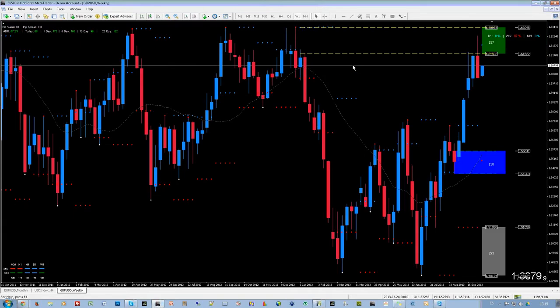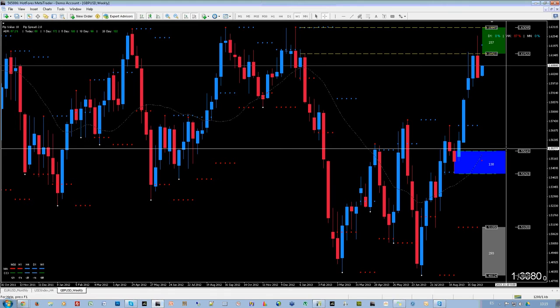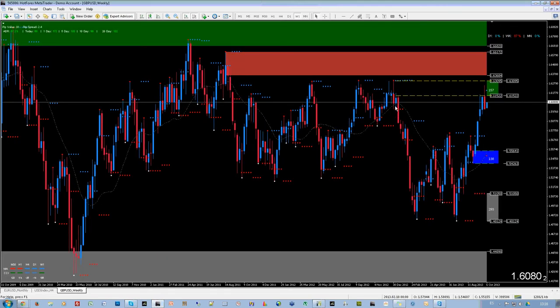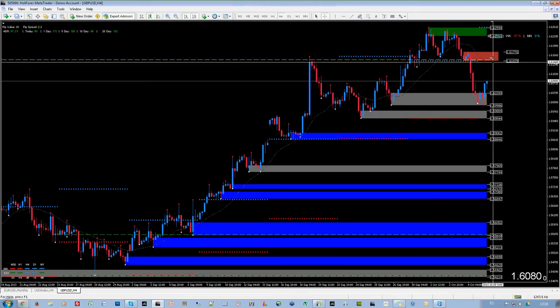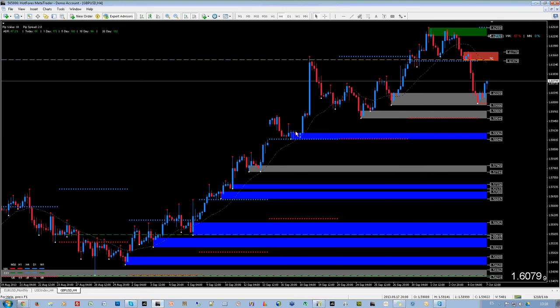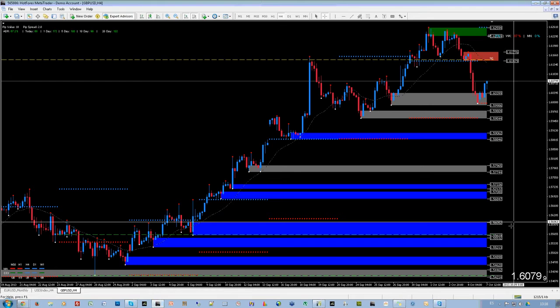Where can price possibly drop? Here. My bigger picture is the weekly. This is a swing trade, not an intraday. So my first target would be around here, because this is fresh and original. Then I look at this. This is not good at all. And my second target would be around here.